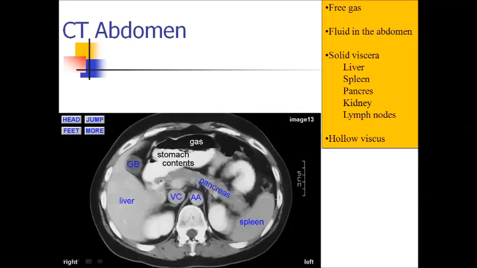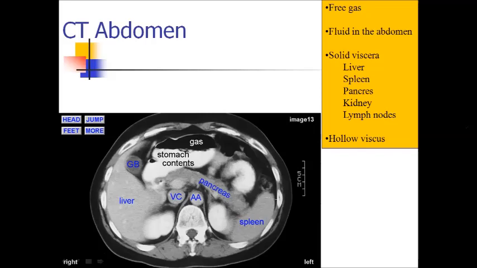CT of the abdomen, its diagnostic opportunities, allows us to find free gas in the abdominal cavity, fluid in the abdomen.